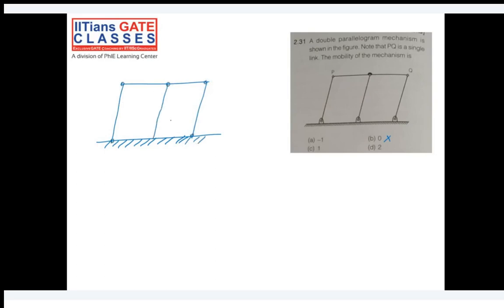Same figure now, but just one difference I'll make here. Okay, like this. So this is PQ, same. Just the middle link I am changing now. -1 is not correct.